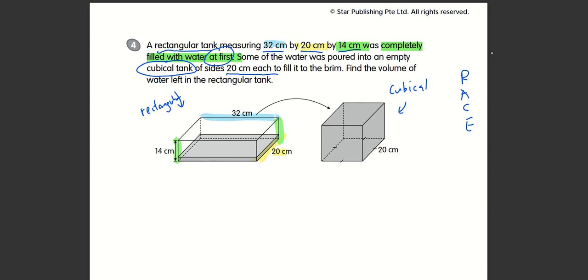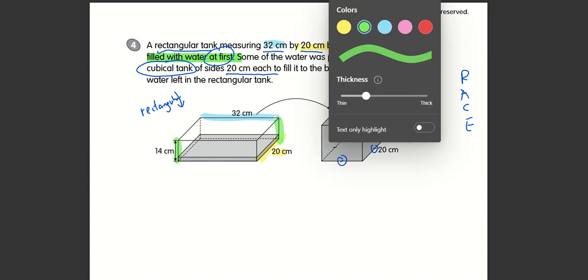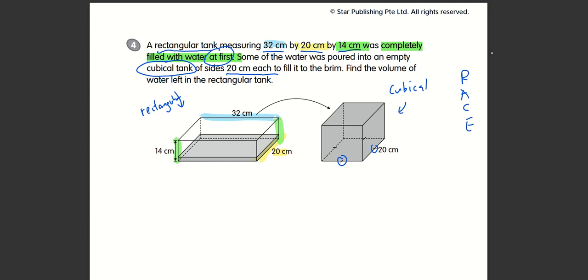Looking at the indicators here, the clue is that for this cubical tank, the measurements are all the same, meaning I'm looking at a 20 centimeter length, breadth, height cubical tank.